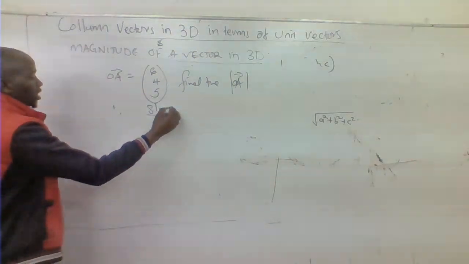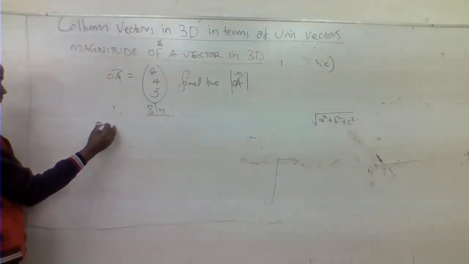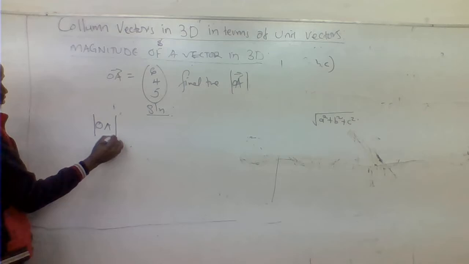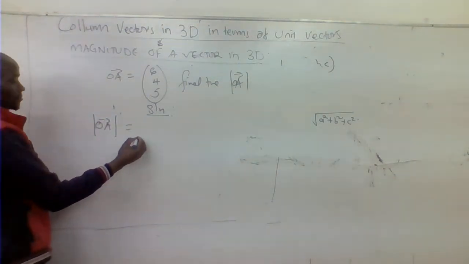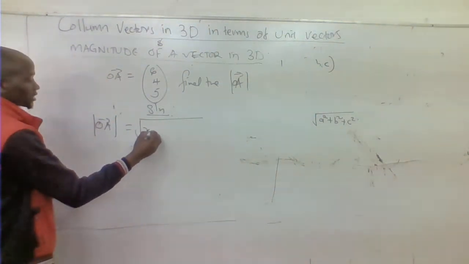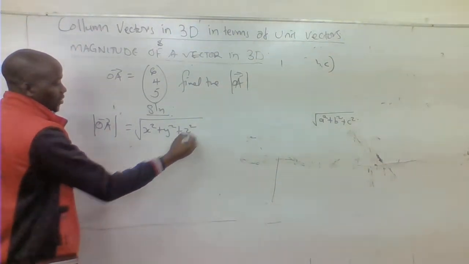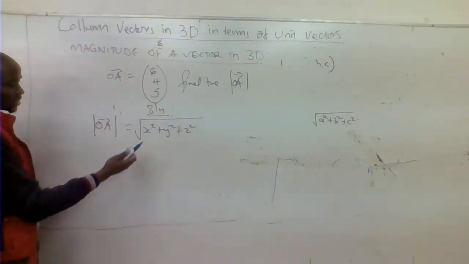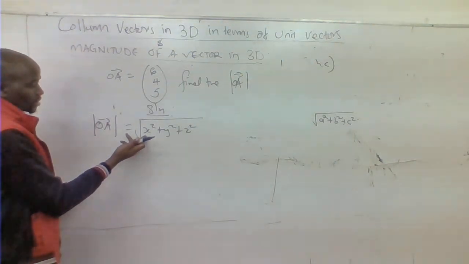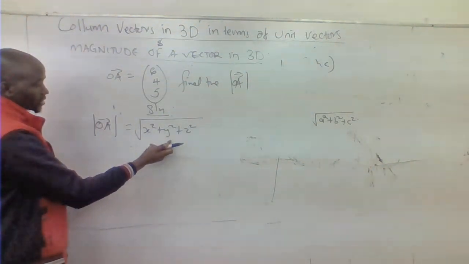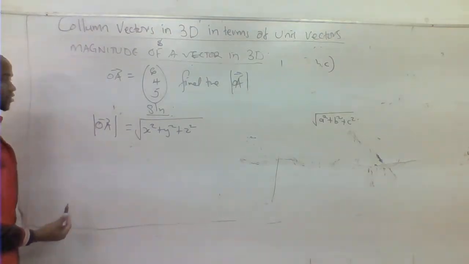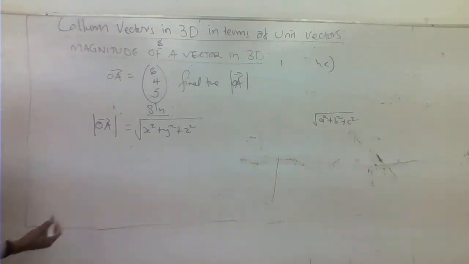So, solution: we have seen that the modulus will be given by the square root of x squared plus y squared plus z squared, whereby x is the displacement along the x-axis, y the displacement along the y-axis, then z the displacement along the z-axis.